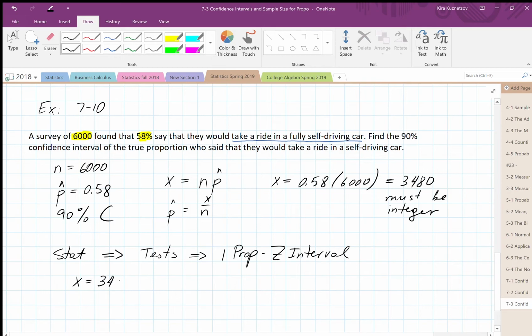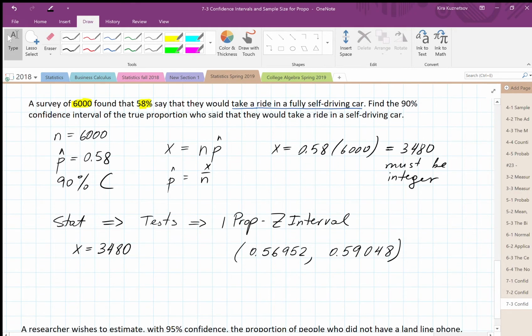Type in 3480. It's asking for n, which is 6000. And it's asking for a 90% confidence level. You put 0.9. You calculate, and it spits out the interval for you. With a p-hat of 0.58, n is 6000. I already have all of this information written. I don't need to rewrite it again.